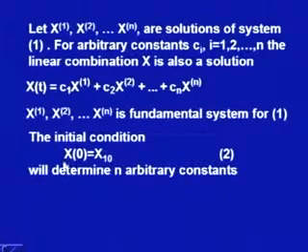The initial condition x(0) is equal to x10. If we denote the initial condition in this manner, then when we substitute this initial condition here, all these constants c1, c2, cn can be obtained.